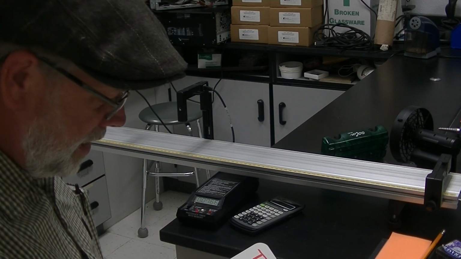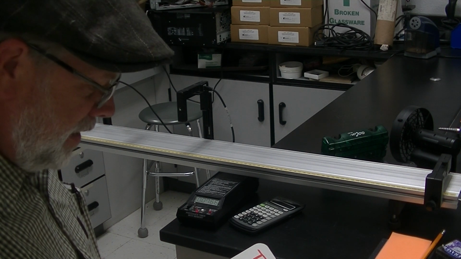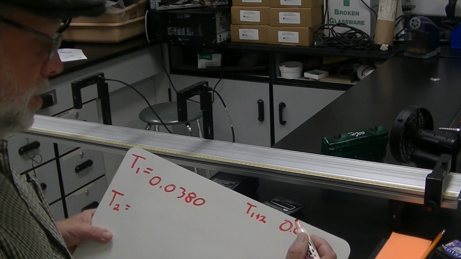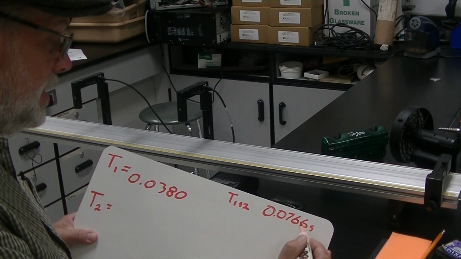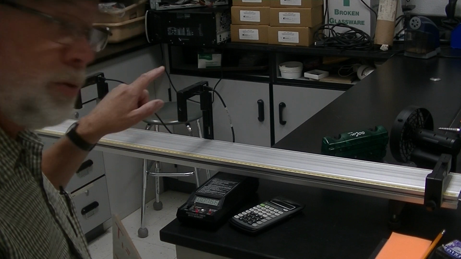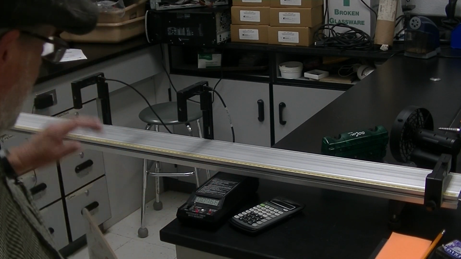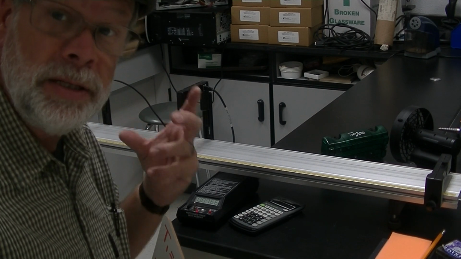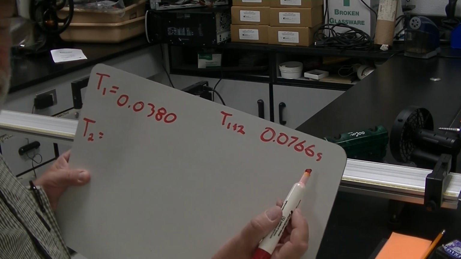The memory gives me T1 plus 2, and that is 0.0766 seconds. What's happened is when this went through the first gate, it displayed the time and held that time in the memory, and then when it went through the second photogate, it added that time onto the time in the memory. So this represents both times.